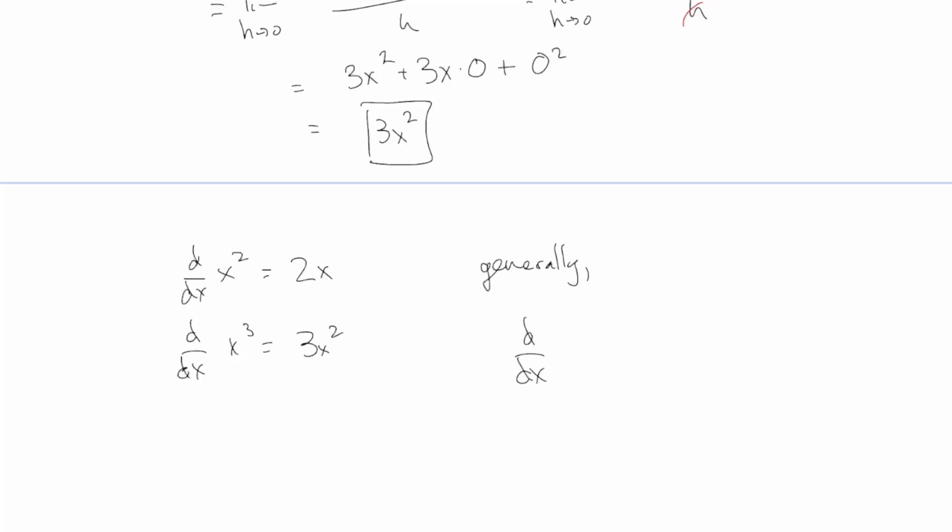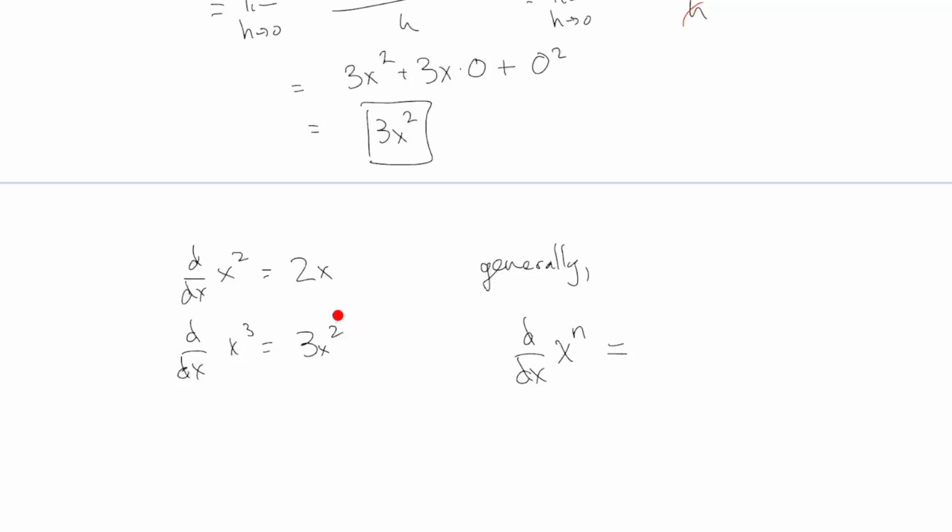can I say derivative of x to the power n? Generally speaking, it is what she said before. The exponent here, like this 3, becomes the new coefficient. And how do you determine the new exponent? See the pattern of that? Yeah, you minus it by 1, he said.